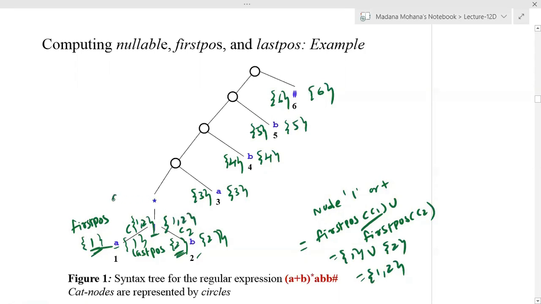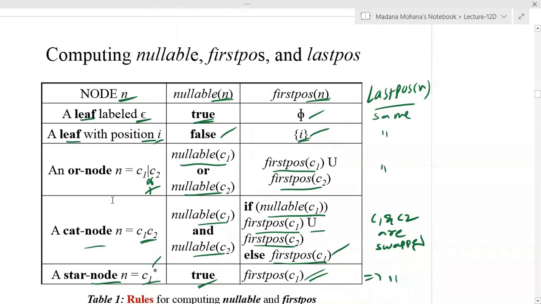Now next one is the star node. Let us see the formula for the star node. For the star node, the first position of the left child is equal to the first position of C1 itself. If it is the right child, it is the first position of child 2.